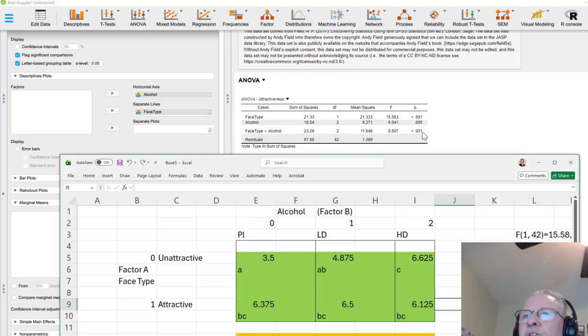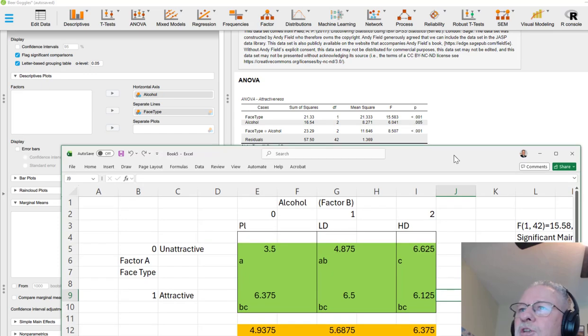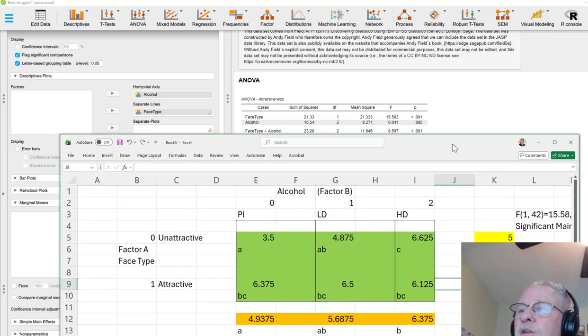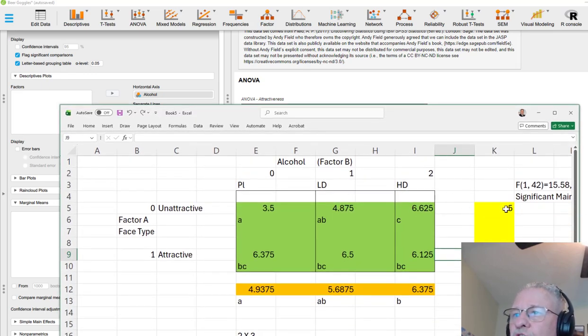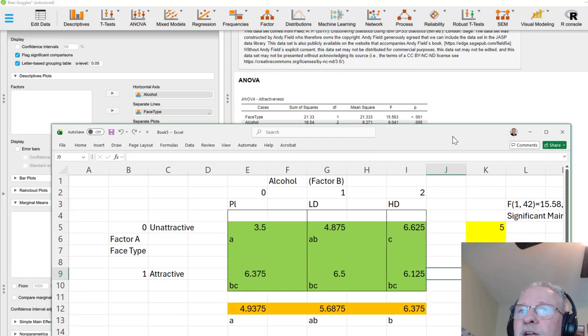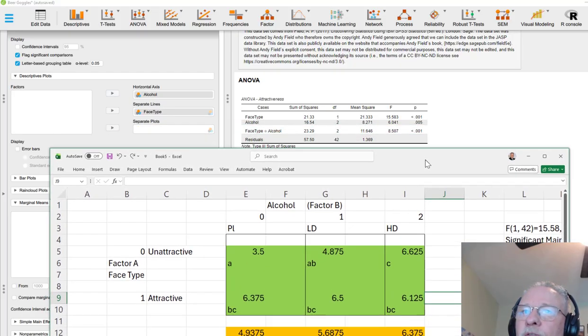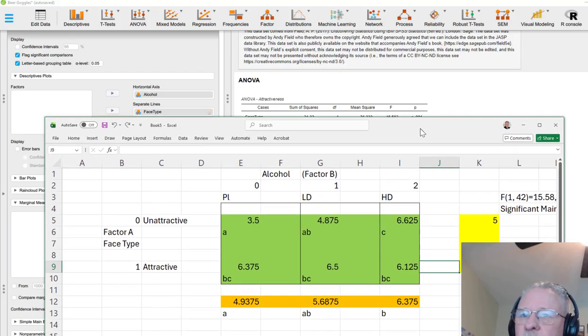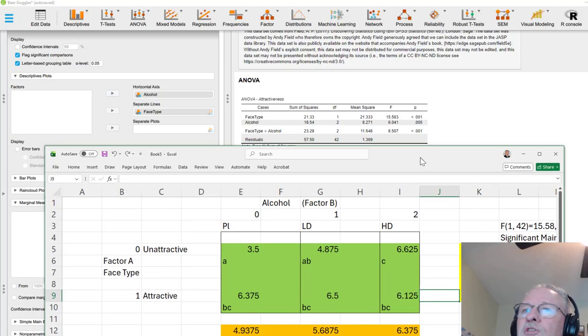That is, the interaction modifies the main effect, so you want to always pay attention to that. You still can go ahead and interpret your main effect. So you interpret your main effect for face type here. You interpret your effect for alcohol dose, and then you focus on the interaction.